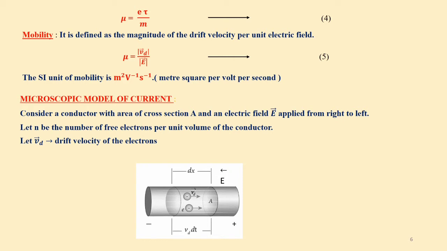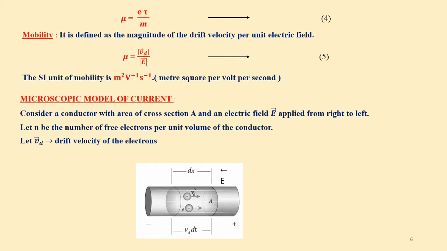It is a cylindrical conductor of area of cross section A. An electric field E is applied across the conductor such that the right end is positive and the left end is negative. So the negatively charged electrons drift towards the positive end of the conductor, from left to right, with the drift velocity Vd.